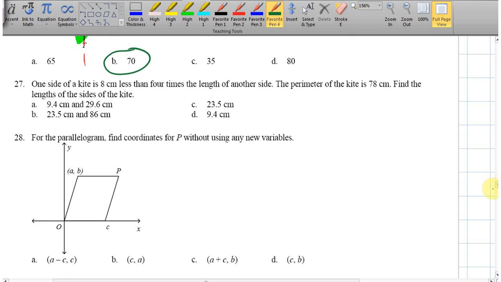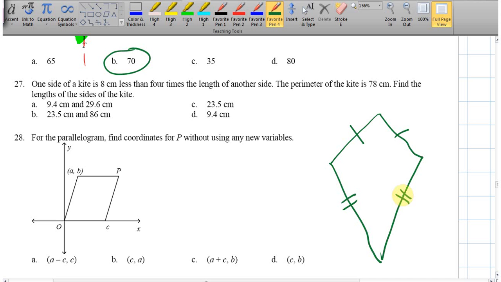All right, 27. 27 doesn't have a picture. It says one side of a kite is 8 centimeters less than 4 times the length of another side.